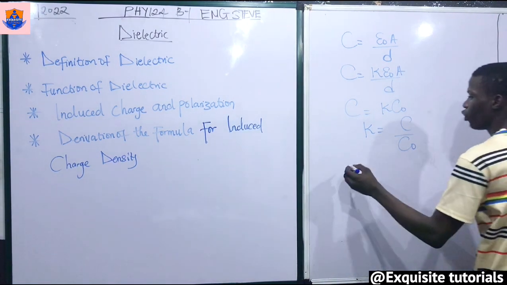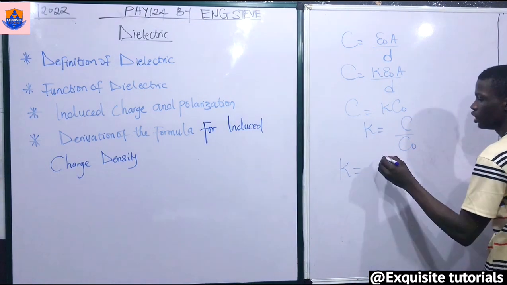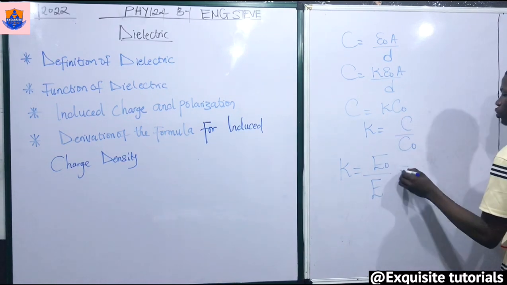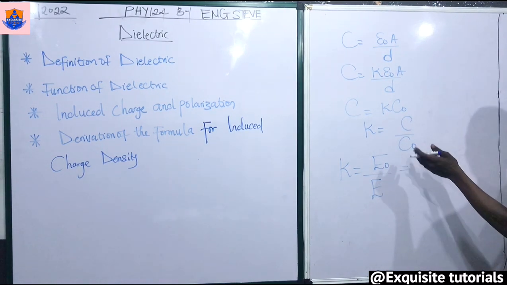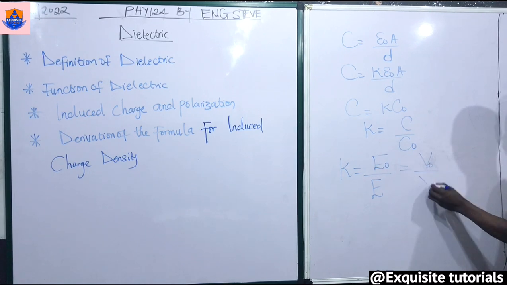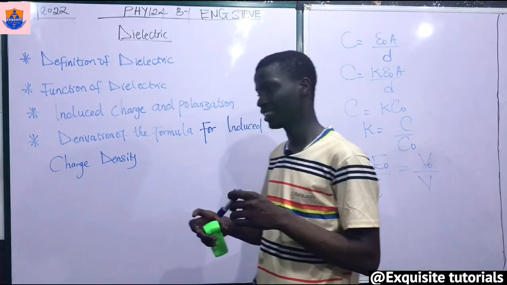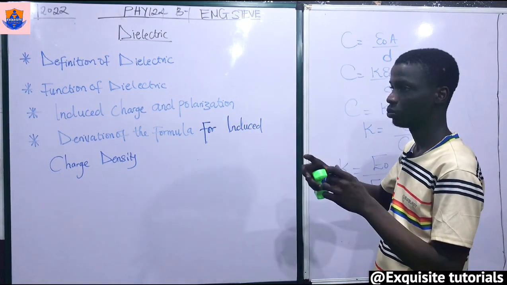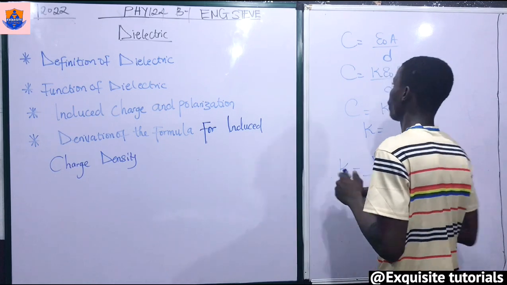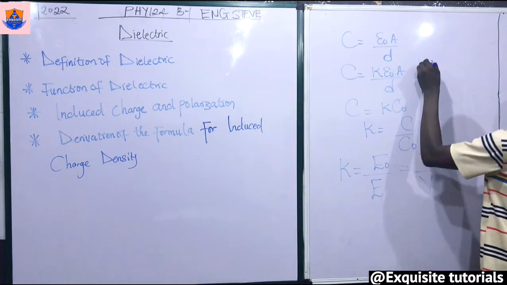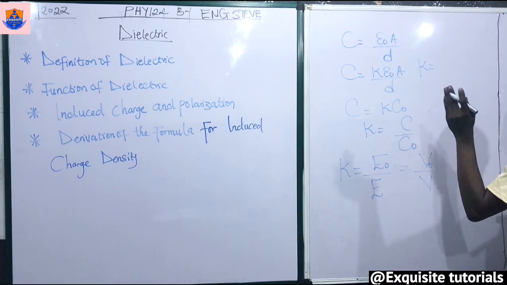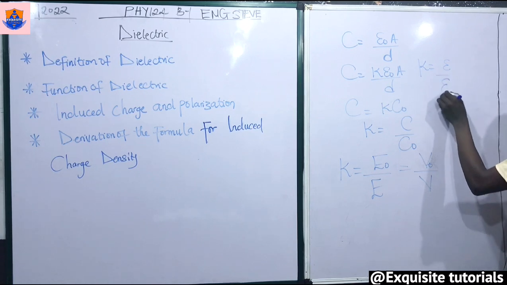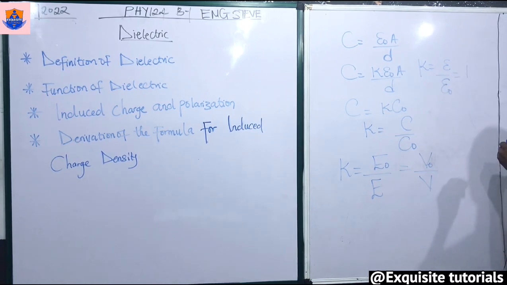Then our K for electric field is equal to E naught over E, and for voltage it is equal to V naught over V. Take note, for a dielectric substance made of air or vacuum placed between a capacitor, their K, their dielectric constant, which is equal to E naught over E, is equal to 1.